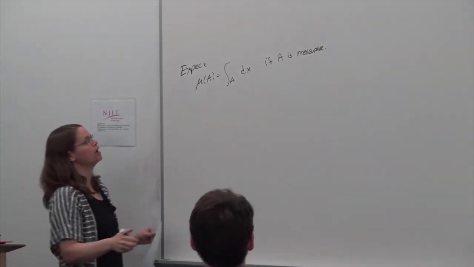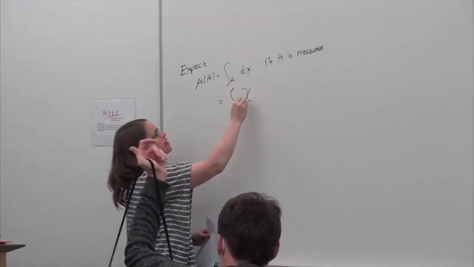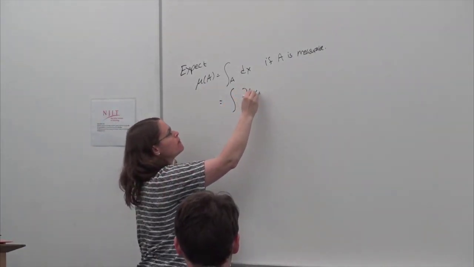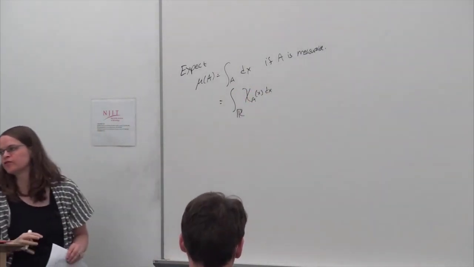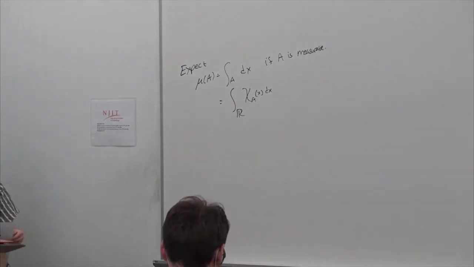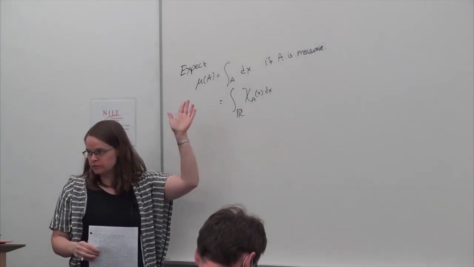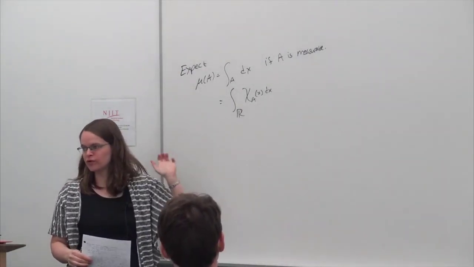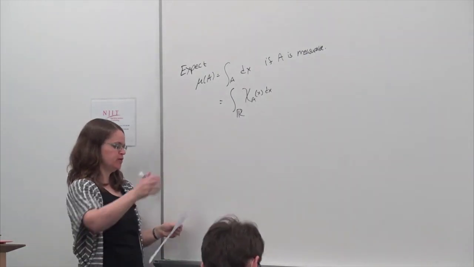or an alternative way of writing this, I guess, would be to integrate the characteristic function over the whole real line. So remember, the characteristic function was this object that was 1 inside my set and 0 outside my set. Okay, this was true for Jordan content, but of course it only worked for sets that were Jordan measurable. But now we could straight away take a function like this.